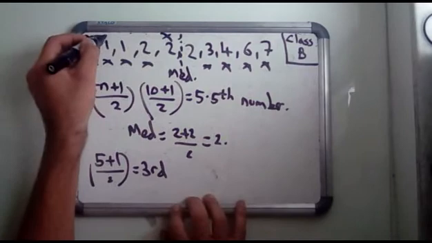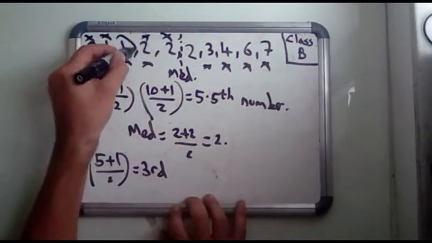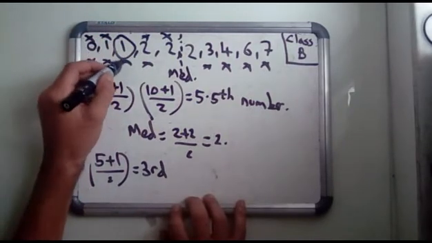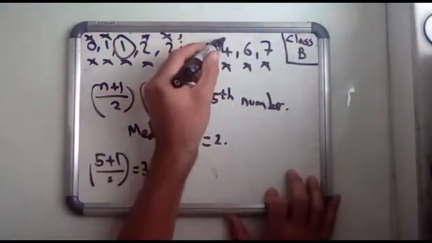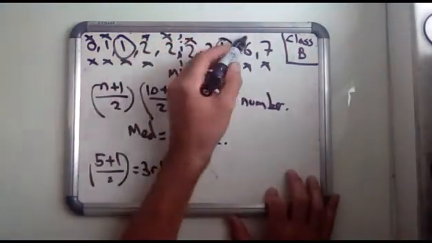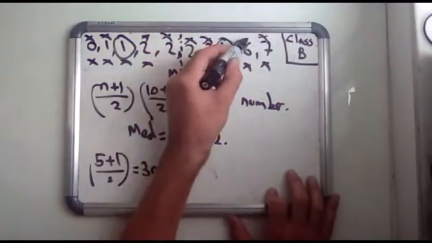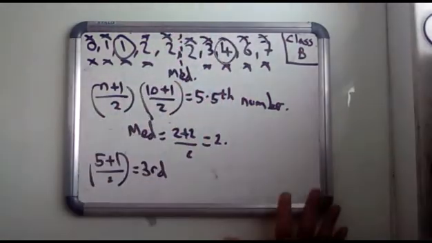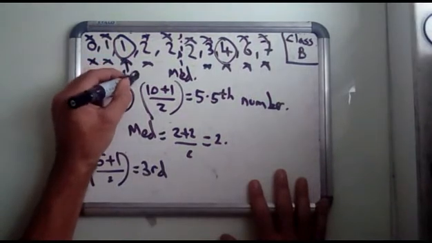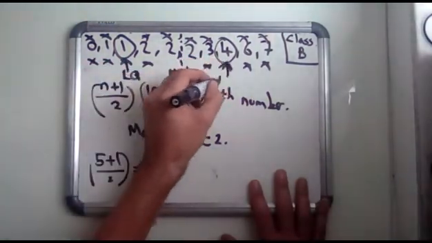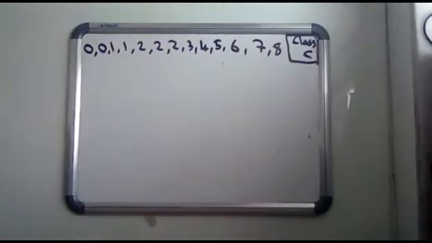Or you can cross, and it will still be the third number. So that's your lower quartile, and this is your upper quartile. So median, LQ, UQ.